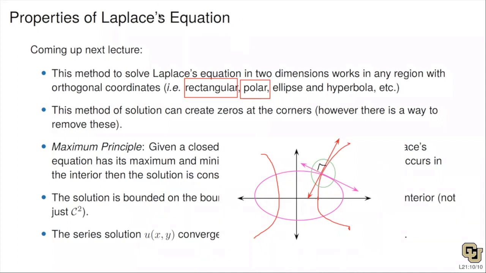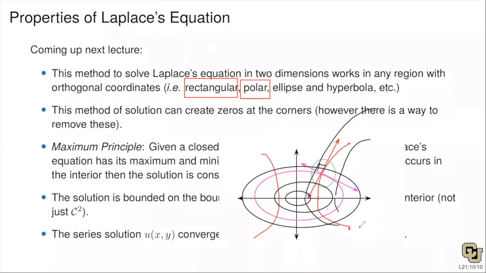And so you can create a whole coordinate system with ellipses and hyperbolas. You have a whole bunch of ellipses centered, and then a whole bunch of hyperbolas, and you can identify anything as being at the intersection of some hyperbola and an ellipse.